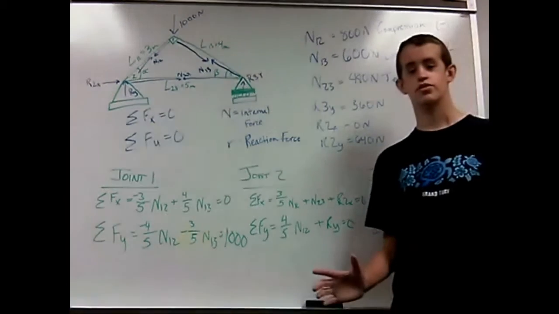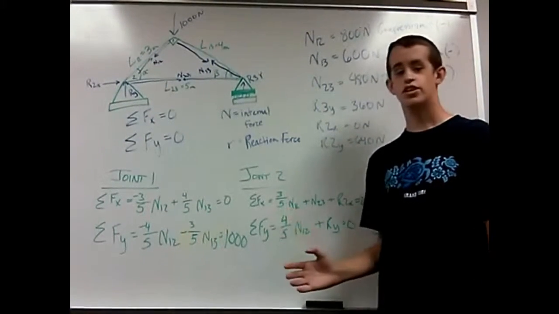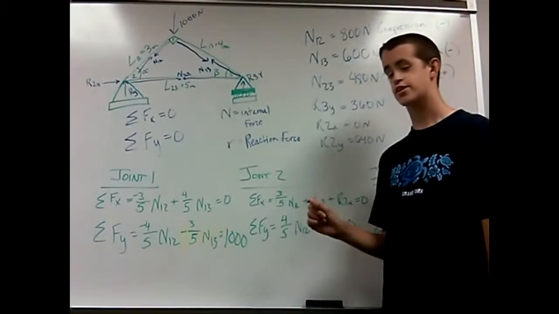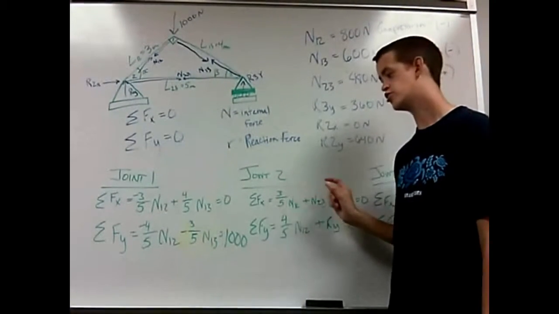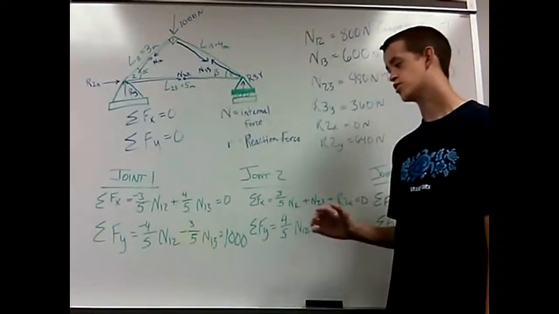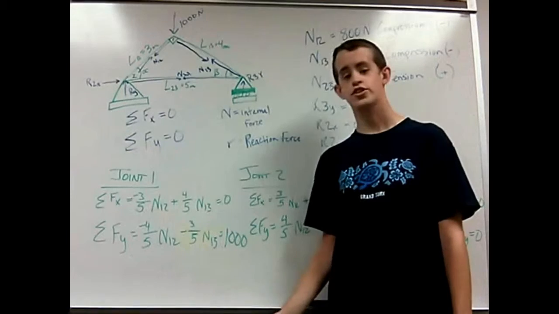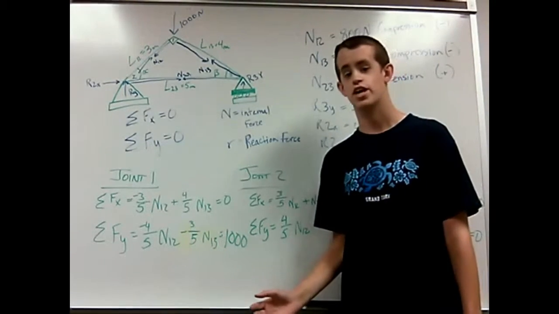So basically what we've done here is set up the sum of the forces in the x and y direction on each joint. Now, using basic substitution, we can solve for each of the unknown forces that we have.